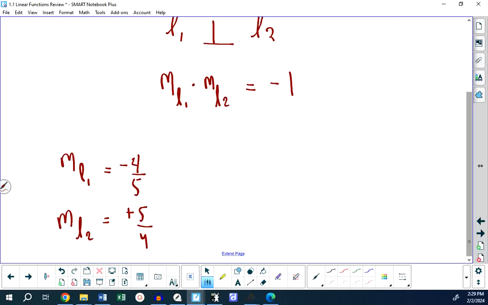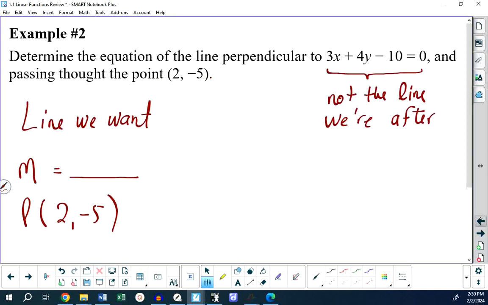If you take these two slopes and multiply them together, you get -1. That's all I'm saying. Okay? So if we knew the slope of this line, we could take the negative reciprocal to determine the slope of the other line, and then we could be off and running. How are you going to determine the slope of the line 3x plus 4y minus 10 equals 0? Does anybody know?